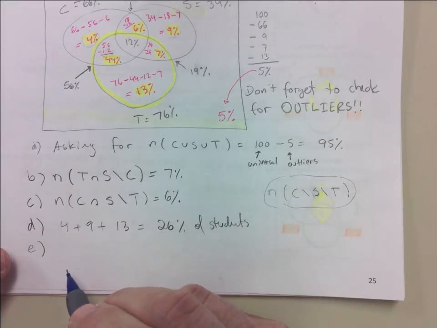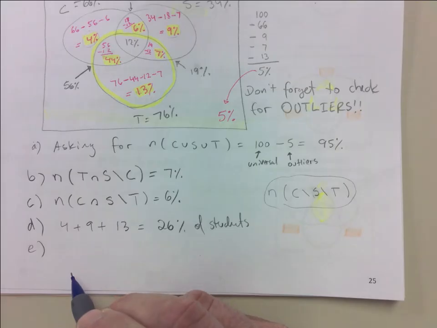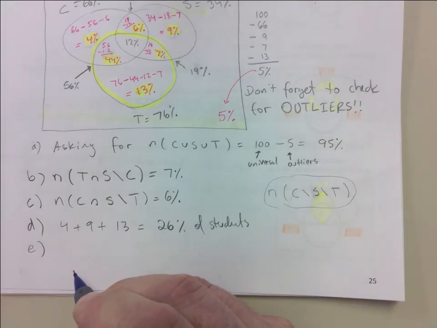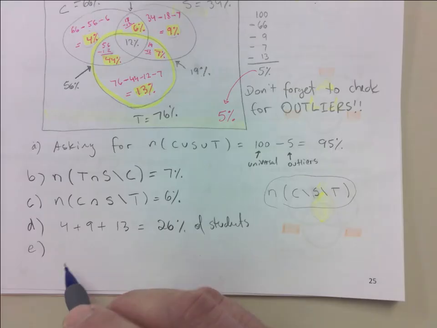What percent of students called on a cell phone or used a social networking site? What is this asking for in set notation? Anybody?